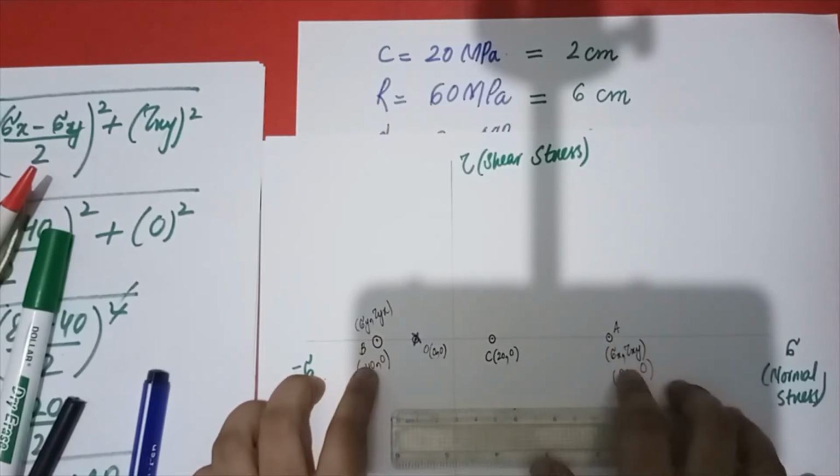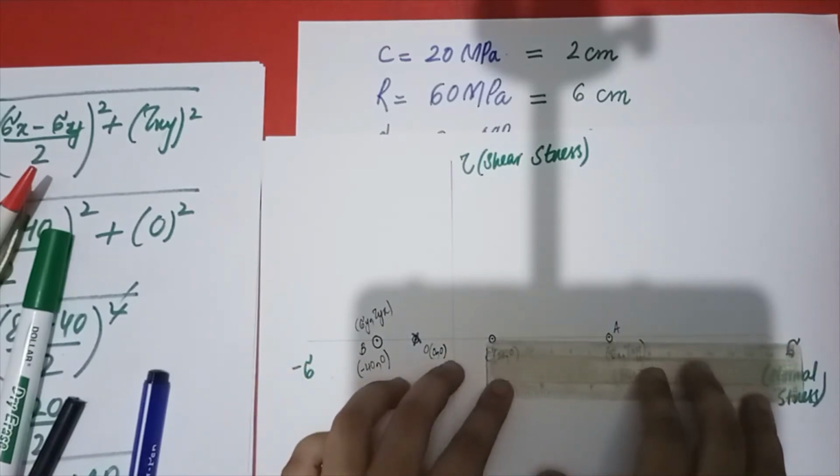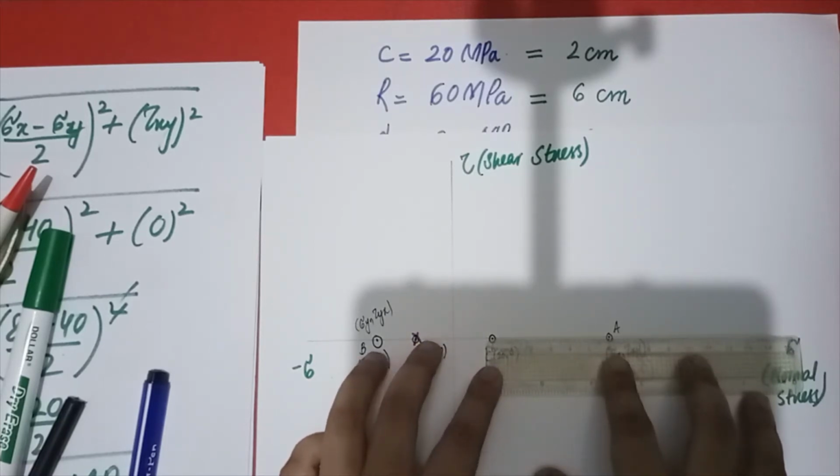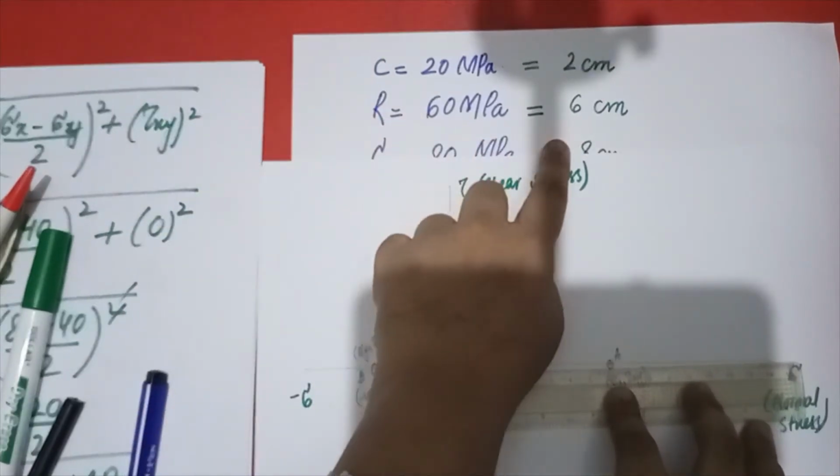And the next step, what I am going to do, I have to draw the radius circle from the point C, and if you will see, this is 6 centimeter from C to A. You can see CA is the radius. So you can see radius is 6 centimeter.